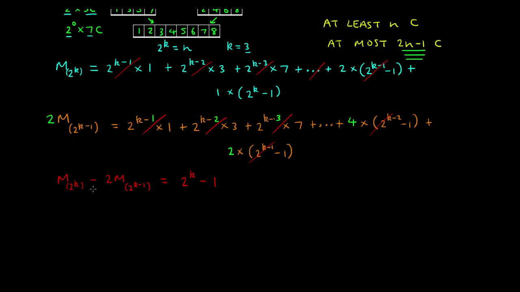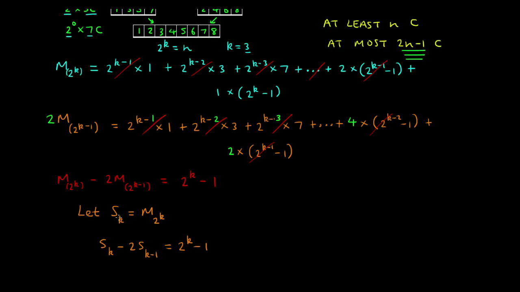And if we use a dummy variable, so letting s with subscript k equal m subscript 2 to the k, we can now write our recurrence relation as sk minus 2sk minus 1 is 2 to the k minus 1.